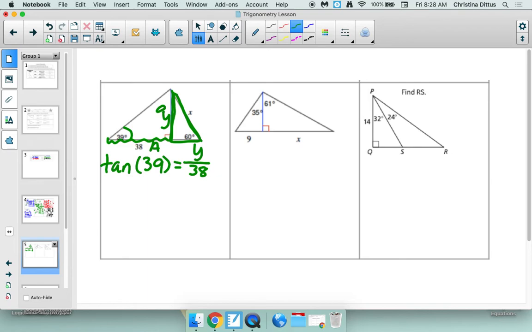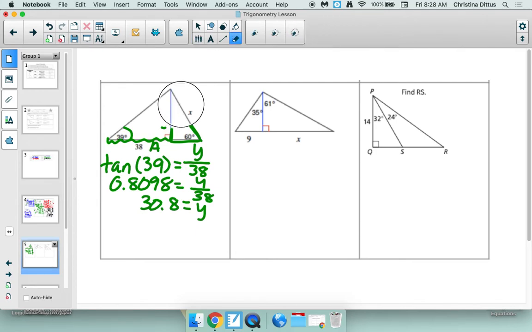Yeah. 39 is the angle, 38 is the side. 0.8098. Last step, what do I gotta do to get y? Times it by 38. And what do we get for y? 30.8. So this line, I'm gonna erase this now. So this line is 30.8.